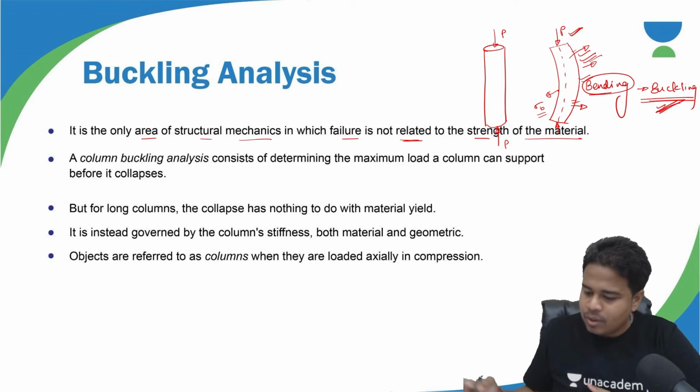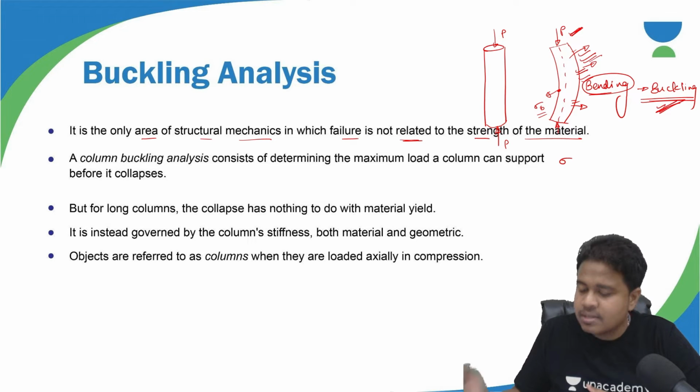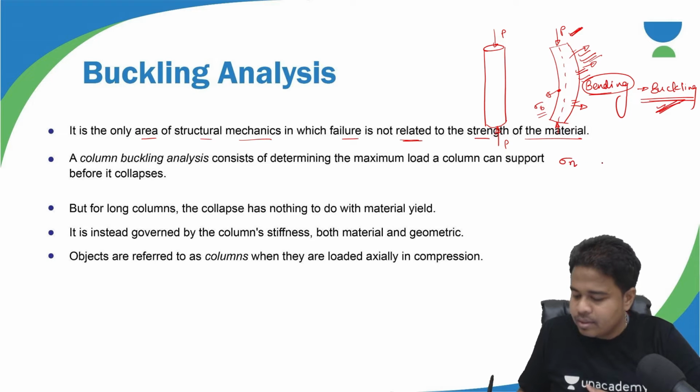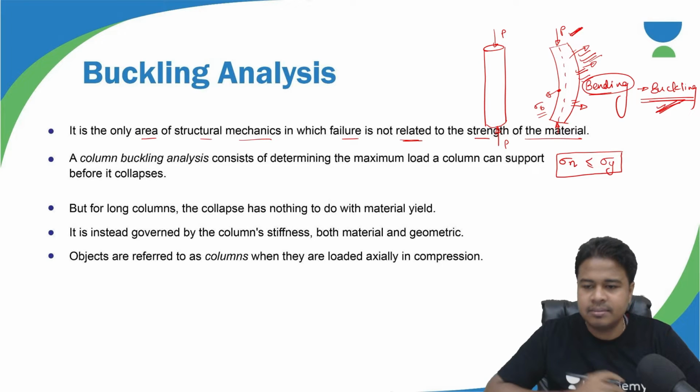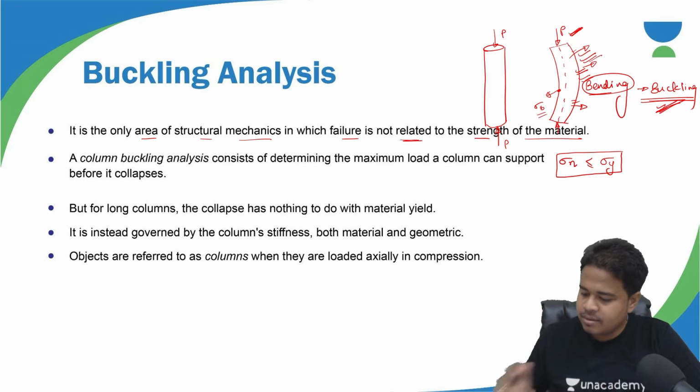What did I say? Obviously, once this column starts buckling, the total normal stress onto this column should be less than or equal to yield. Obviously, this has to be taken care of. Yes, we will take care of this. This should not exceed.